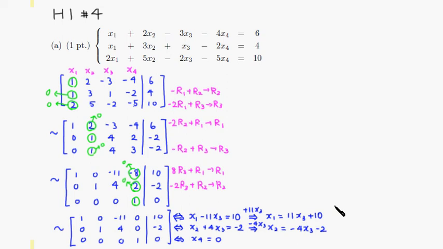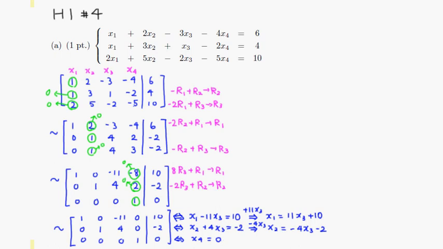Then you notice that x1 has to have a certain form, and x2 has to be a certain form in terms of x3, and x4 actually has to be 0 all the time. Then you notice that there's no condition on x3.